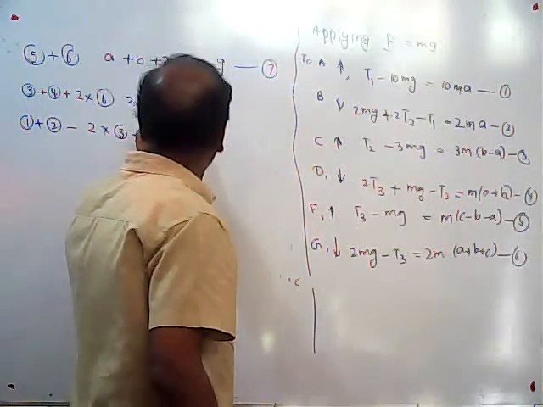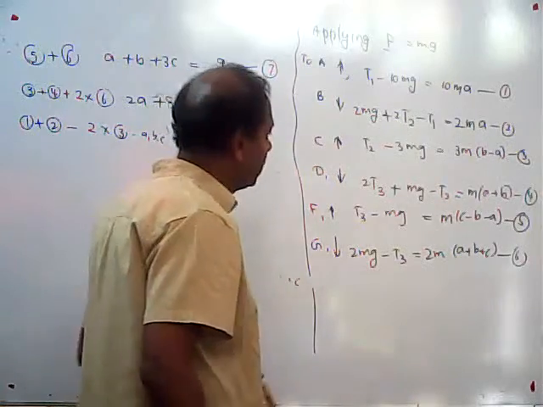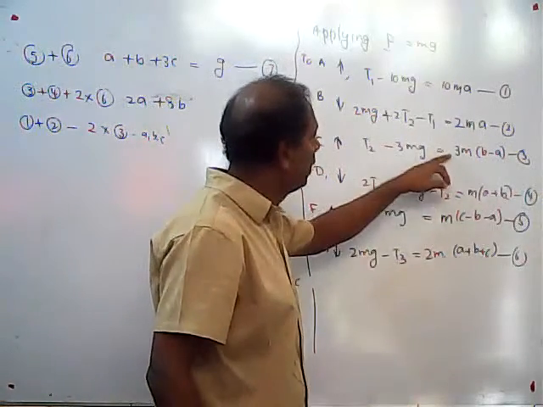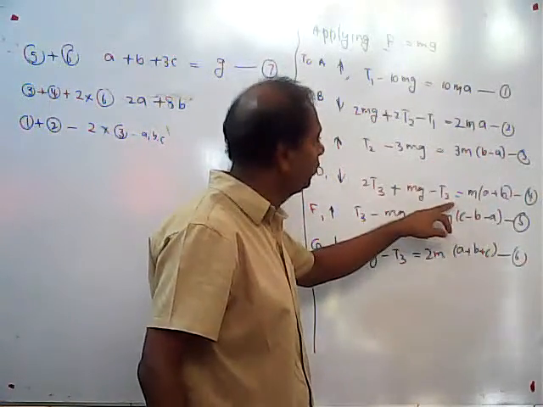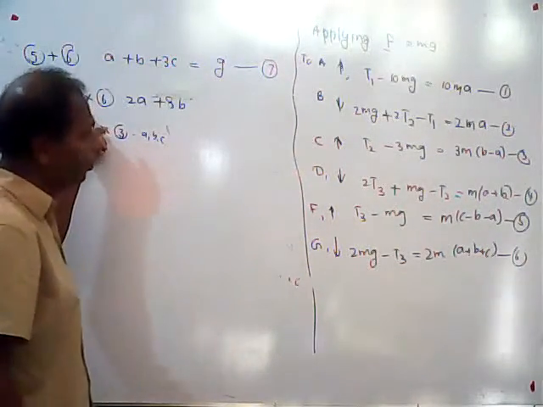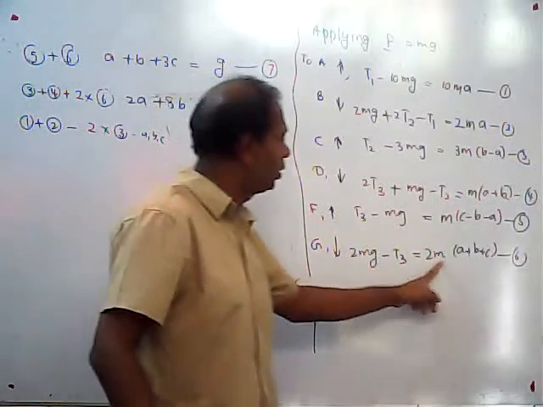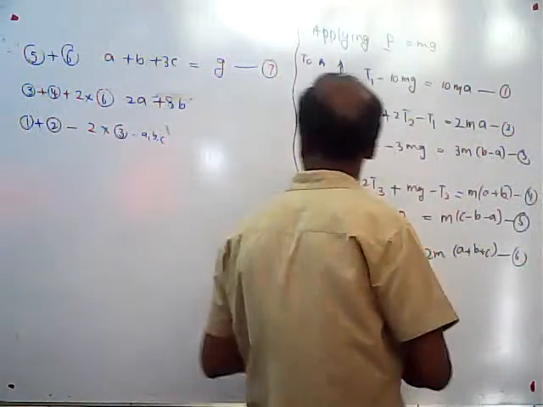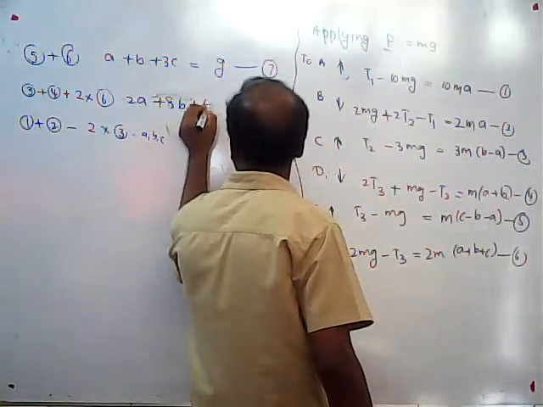Then what about C? There is no C in 3 or 4, but here we have a C. You multiply by 2. 6 by 2 will be plus 4C. Okay? That will be plus 4C.